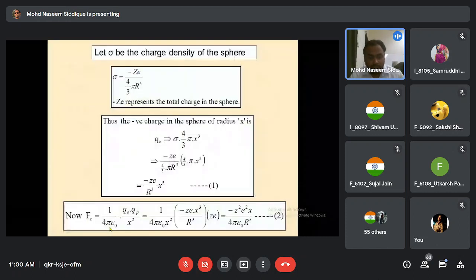Fc is equal to 1 upon 4 pi epsilon naught, QE times QP, where QP is the charge of the nucleus and QE is the charge of the electron, separated by a small distance x square. Substituting the value of QE from the first equation into equation 2, we finally get the relation minus Z square e square x upon 4 pi epsilon naught R cube.